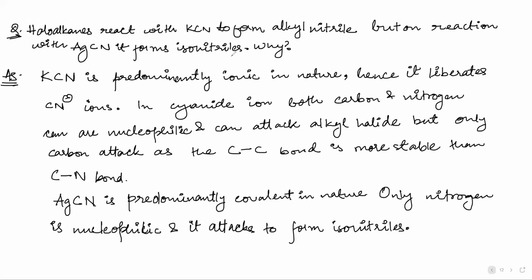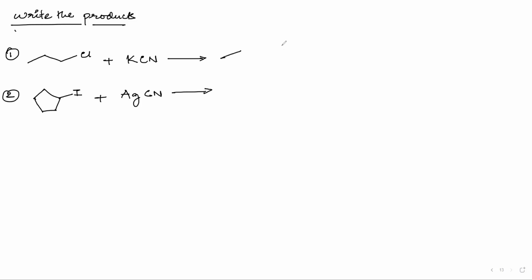With KCN and with AgCN. Okay, can you see the difference? Also, the name here: 1, 2, 3, 4 carbons, and there is one nitrile group. So four carbons, that means it is butane nitrile, and this is cyclopentane.